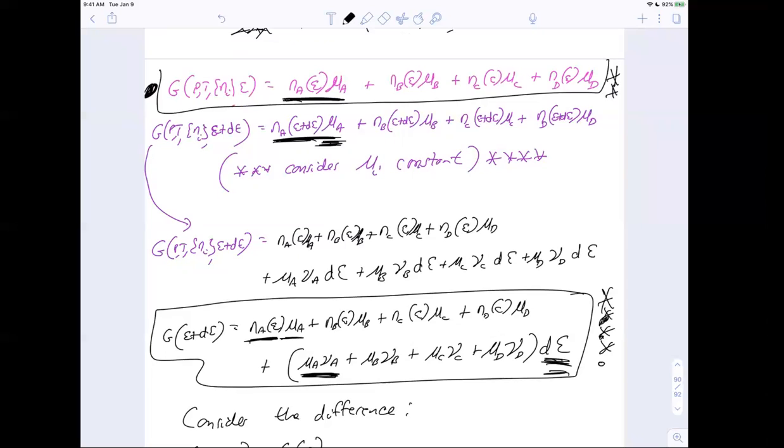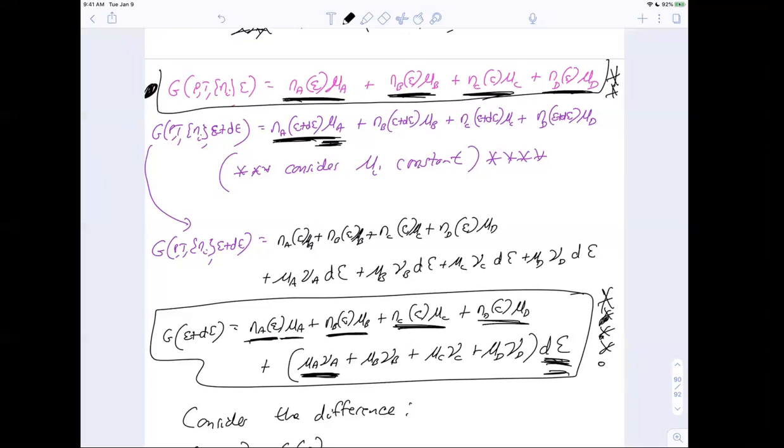So all of the terms where we have the species moles at epsilon times the chemical potential of that species are going to vanish because they're in both places. Just like for B, we have this term here and this term here. So when we subtract the two equations, those will cancel, and this one will cancel with this one, and this one will cancel with this one.